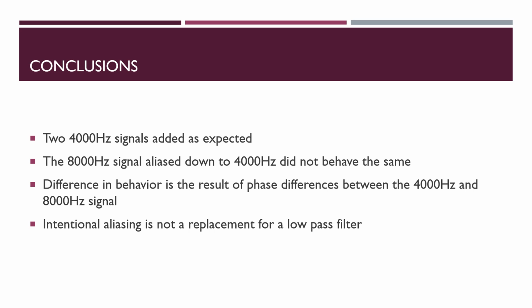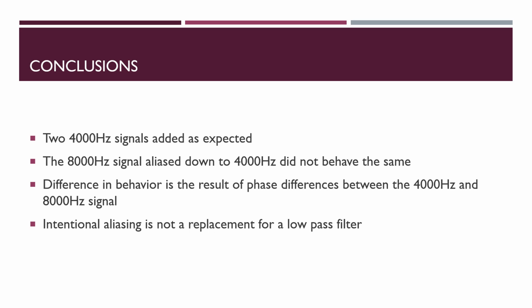The 2 true 4,000 Hz signals were always in phase, meaning the resultant amplitude was always the combination of their individual amplitudes. However, the aliased 8,000 Hz signal was out of phase with the 4,000 Hz signal, resulting in varying contribution to the overall signal power level depending on when in the 8,000 Hz signal's period a sample happened to occur.